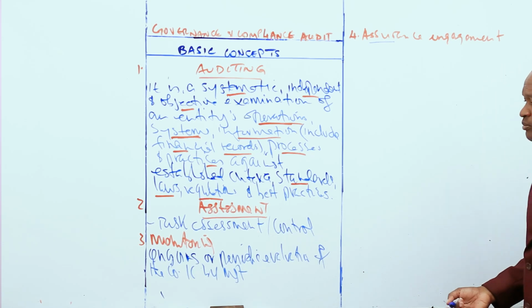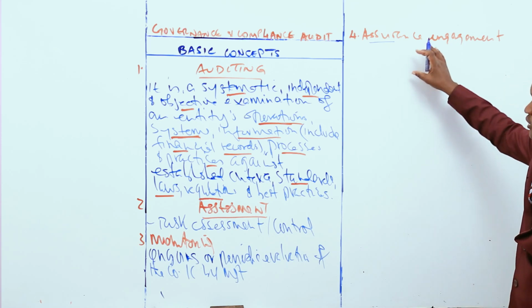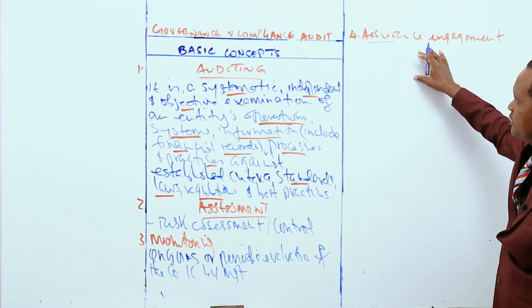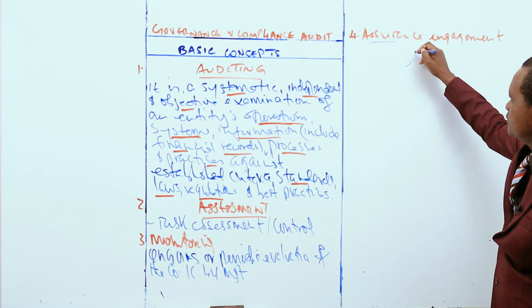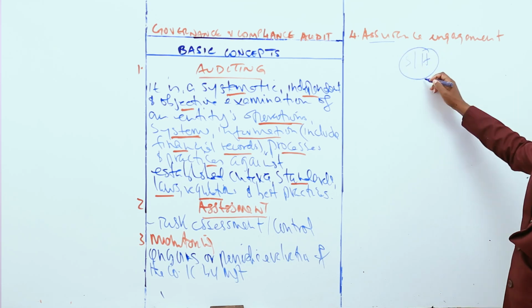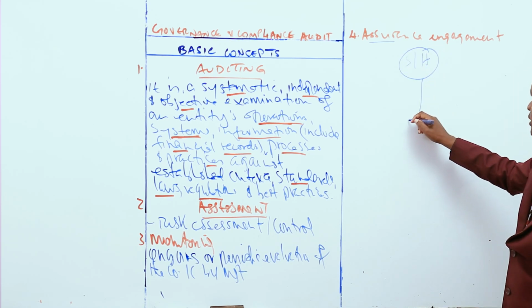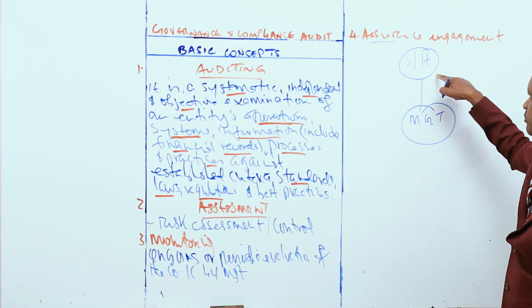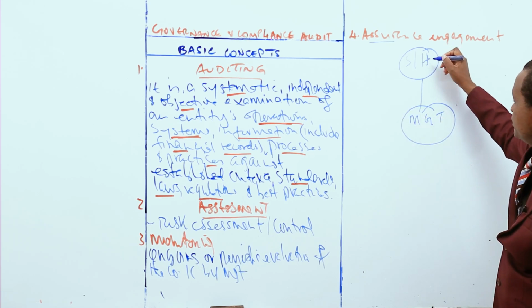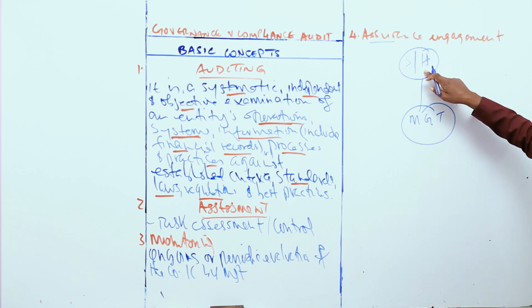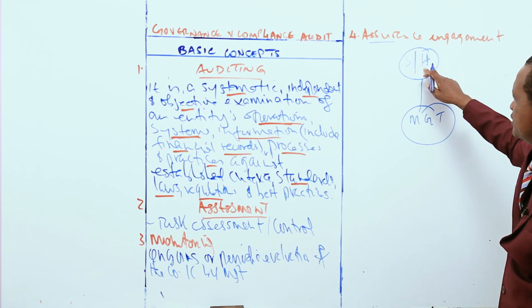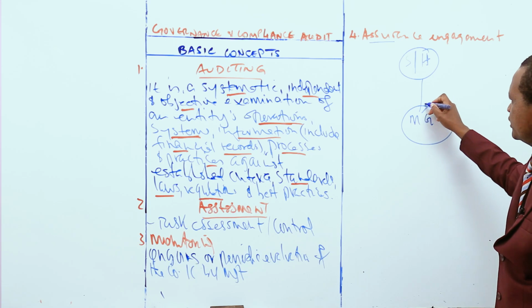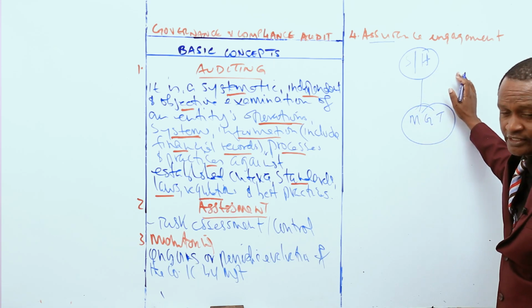I give an example of a financial audit. In a financial audit, candidates, the shareholders of a company appoint the management to run the company on their behalf, because shareholders may not have the skills necessary to run an organization. So they appoint agents.